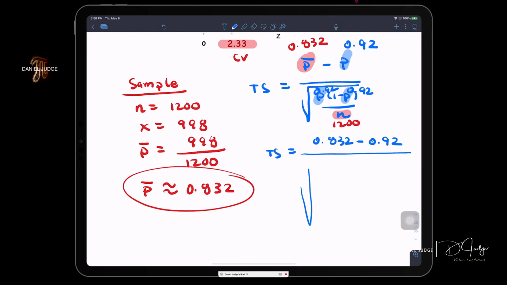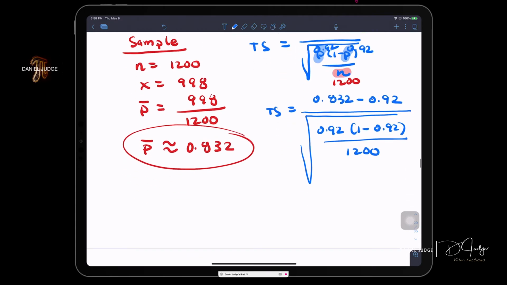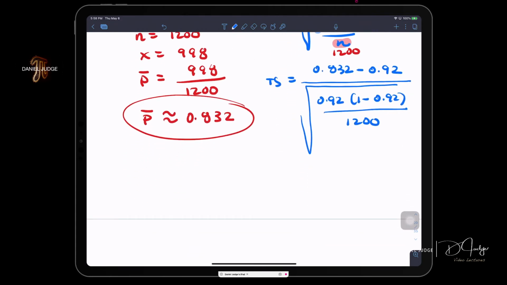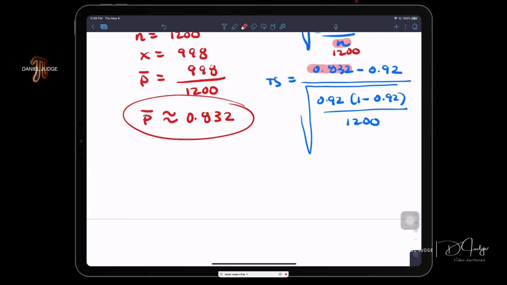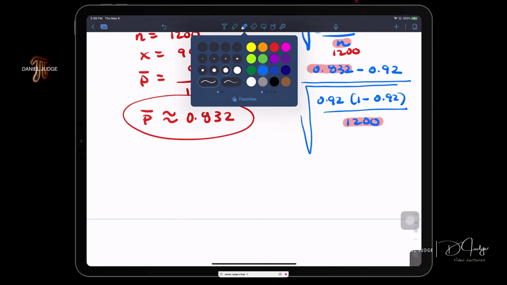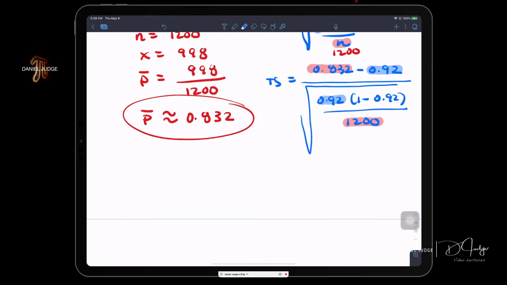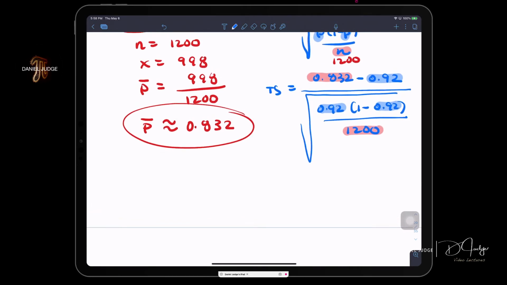Square root. 0.92 times 1 minus 0.92. Everything over 1,200. So I want to make sure you guys see sample proportion, sample size, true proportion, true proportion, true proportion. Put your parentheses here.